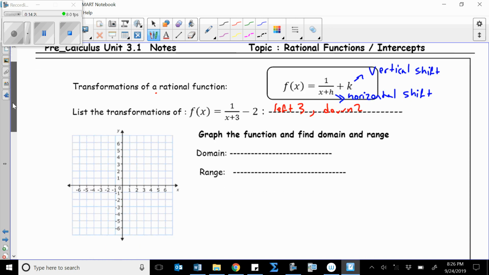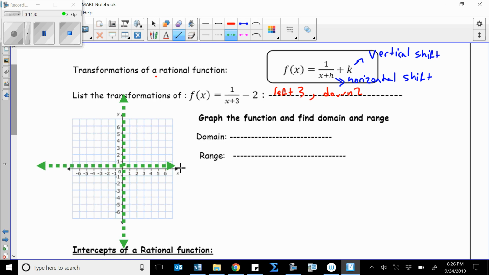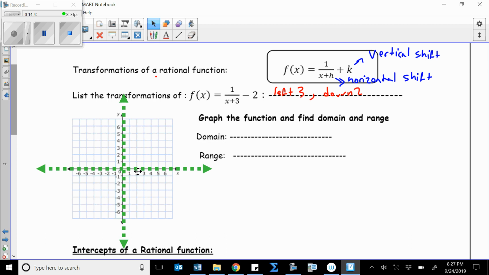In order to graph this function, we know that if we had the parent function, we would have a vertical asymptote at x equal to 0 and a horizontal asymptote at y equal to 0. So this is our asymptote at y equal to 0. But we are moving left 3 and down 2.